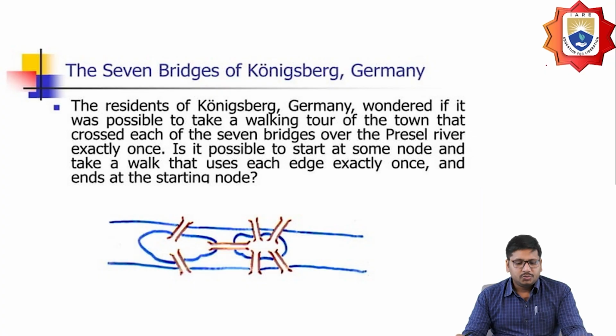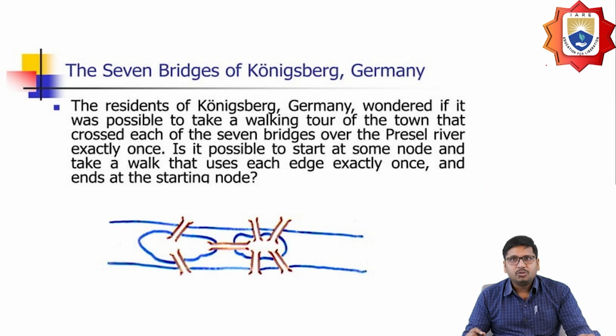Before going to see that, we are going to discuss the seven bridges of Königsberg problem, which arose in Germany. The German people wondered if it was possible to take a walk, a tour of the town, and cross each of the seven bridges over the Pregel River exactly once.